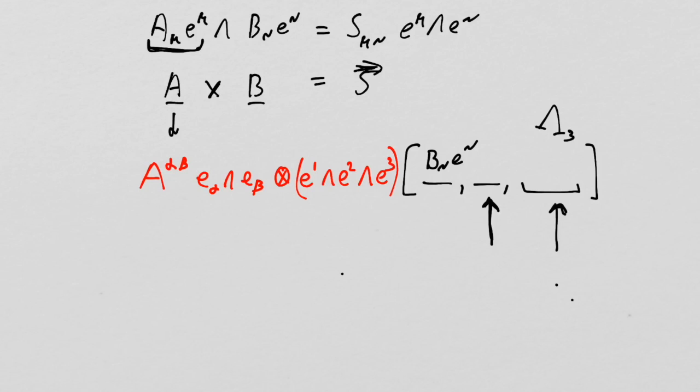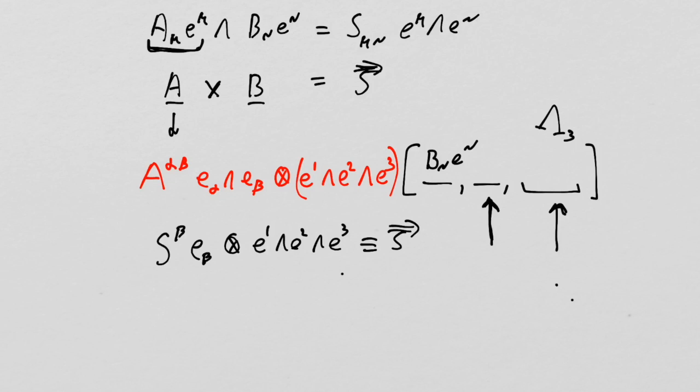Well, a sheath does that. So ultimately, this guy, when it's all worked out, is going to end up looking like S. The nus will get rid of the alpha, so it'll be S beta E beta tensor product E1 wedge E2 wedge E3, which is a sheath, right? So that's one way to look at it.